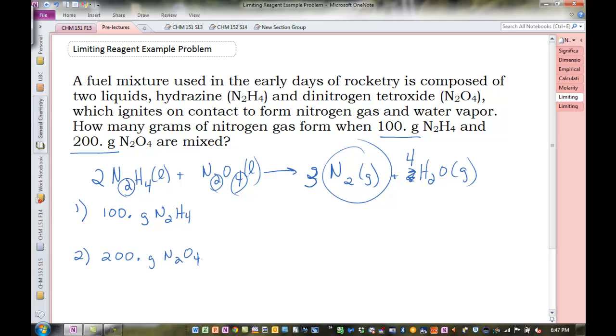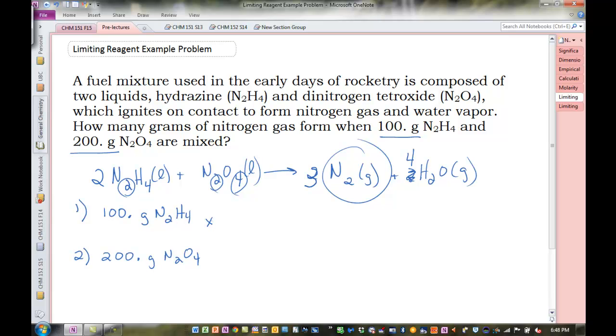So what we're going to assume here is that in the first calculation, all of the N2H4 reacts. If it all reacts, how much product are we going to get? We're then going to do the same thing for the second reactant. If all 200 grams of N2O4 react, how much product can we get? And then we're going to compare those two amounts of product.